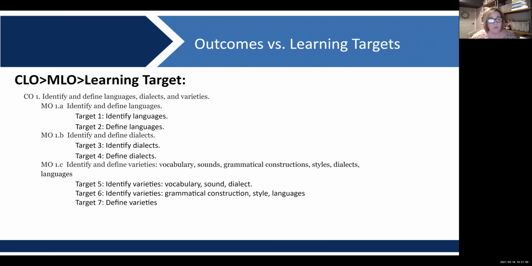In my fifth lesson, they'll identify the varieties that are influenced by vocabulary, sound, and dialect. And in my sixth lesson, we'll focus on grammatical construction, style, and language varieties. Target 7 will give them the opportunity to practice defining those varieties in a more synthesized way.